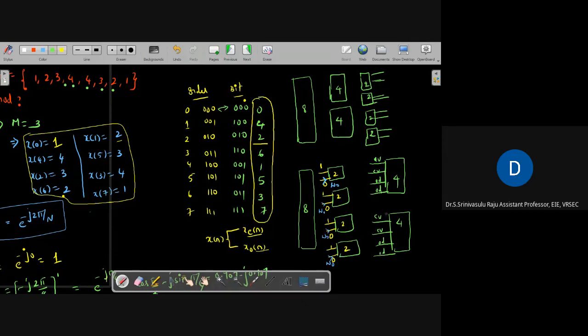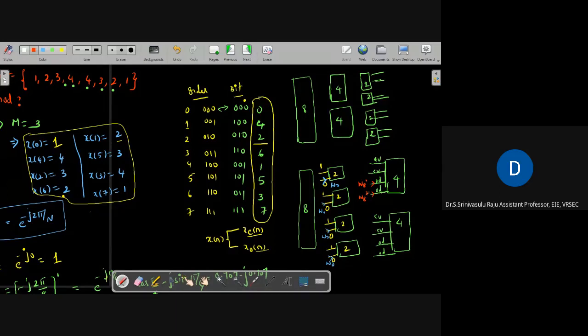And I told you the odd signal should be multiplied with the twiddle factor. So the first signal is multiplied with W8 of 0 and the second signal will be multiplied with W8 of 2. Okay, it's clear. Why we are not considering W8 of 1, that I will tell you later.